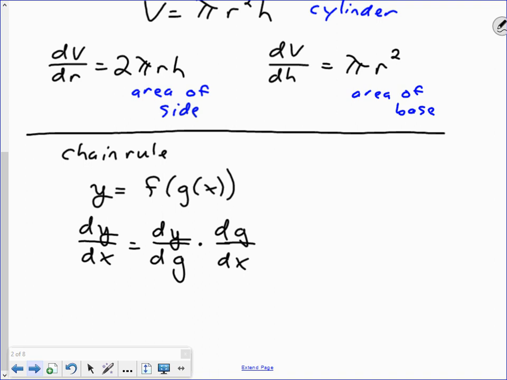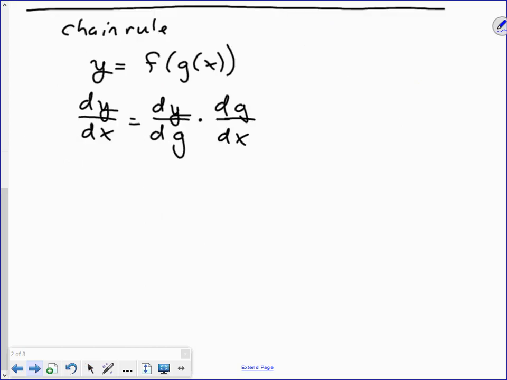Now, looking at this, it kind of looks like you're doing a sort of unit conversion here where the dg's are going to cancel each other out. Why does this work in terms of our chain rule? Well, let's apply this for a specific function here. Let's say our function was y equals (3x plus 2) all squared.